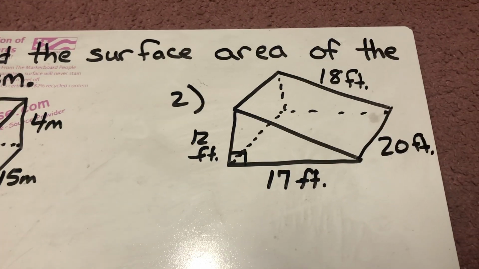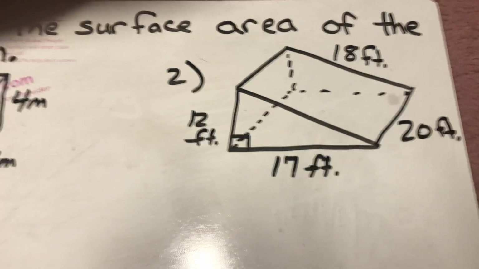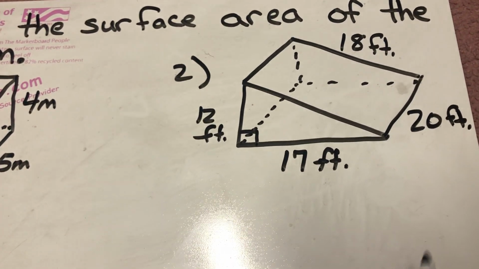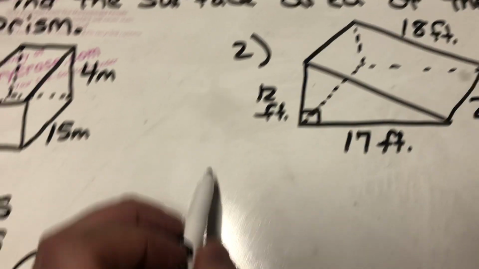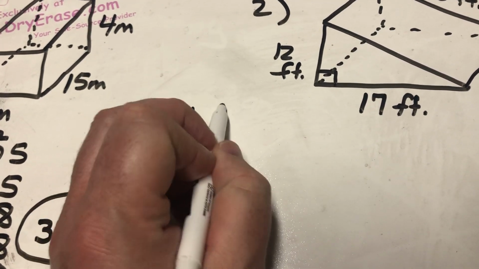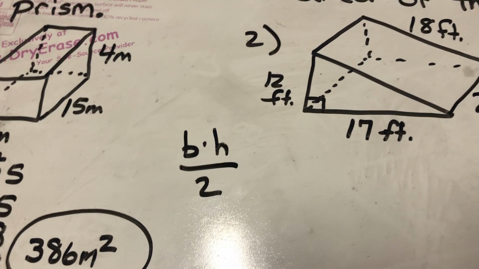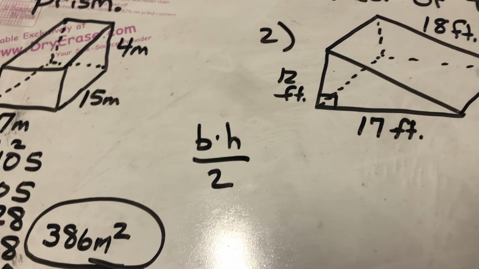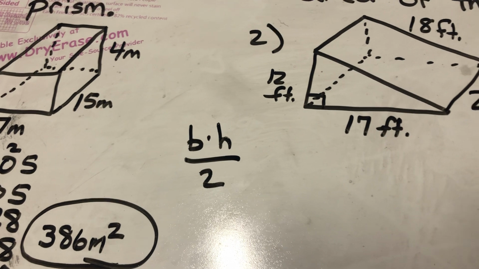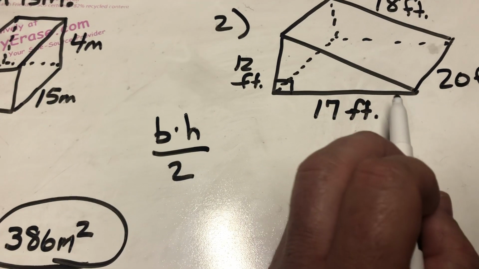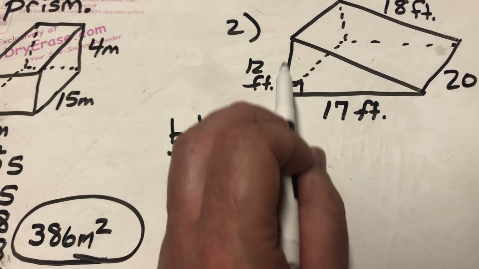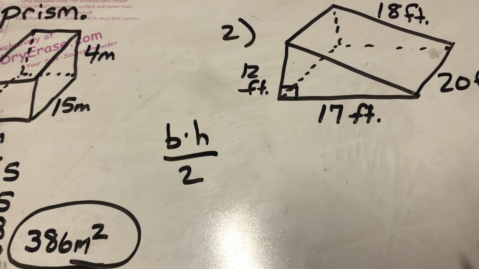Number 2, here we have a triangular prism. Here we have a right angle. Now remember, the formula for area of a triangle is base times height divided by 2. Some people will say 1/2 the base times the height. Multiplying by 1/2 and dividing by 2 are the same thing. So essentially I'm doing 17 times 12 divided by 2.